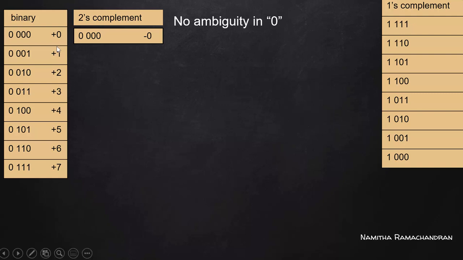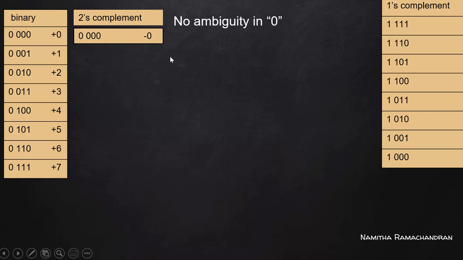So the condition is satisfied in the case of 2's complement representation. We have only a single representation for 0. This 0 is not considered either positive or negative here. So there is no ambiguity in the case of 0 in 2's complement representation. This is an important point.